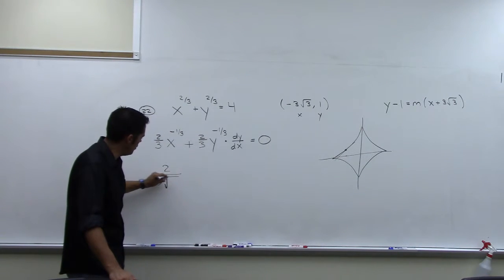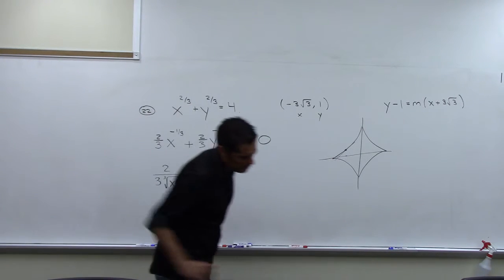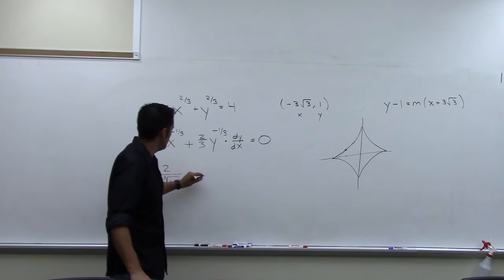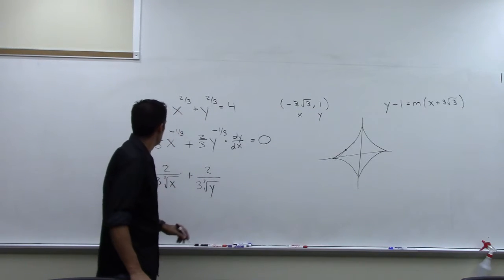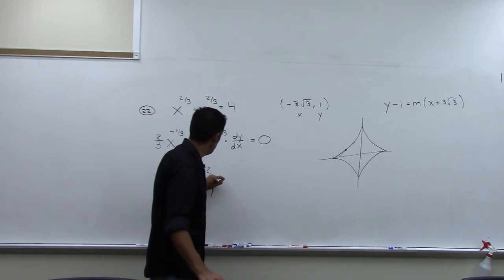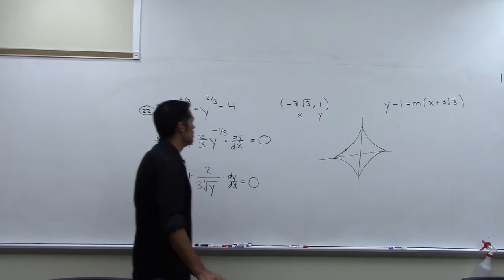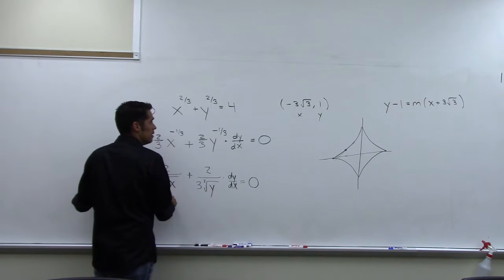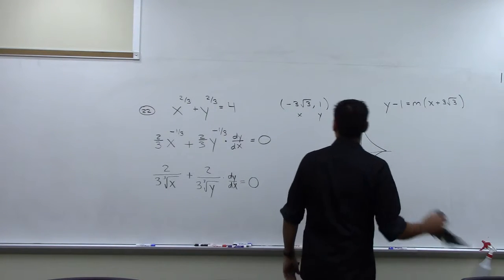That's the cube root of x, plus this one right here, 2 over 3 cube root of y, and then dy/dx equals 0. So I'm going to replace my y with 1 and my x with negative 3 root 3. This is going to be ugly. Really ugly.